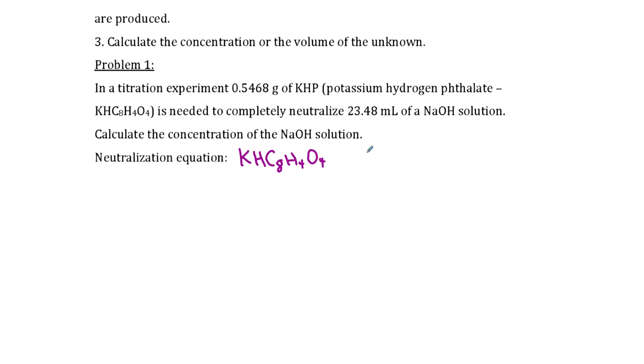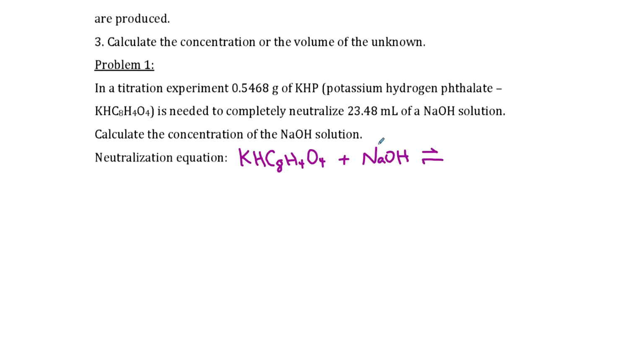So just so we can figure out how to write our products, this H is what's going to come off, and what's left behind is the negative ion. That's going to be added to NaOH. And we're now going to form our products.